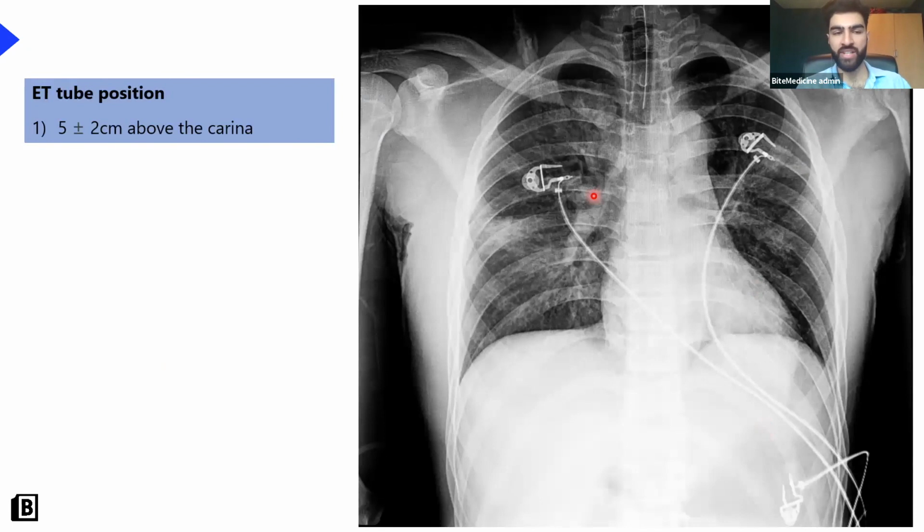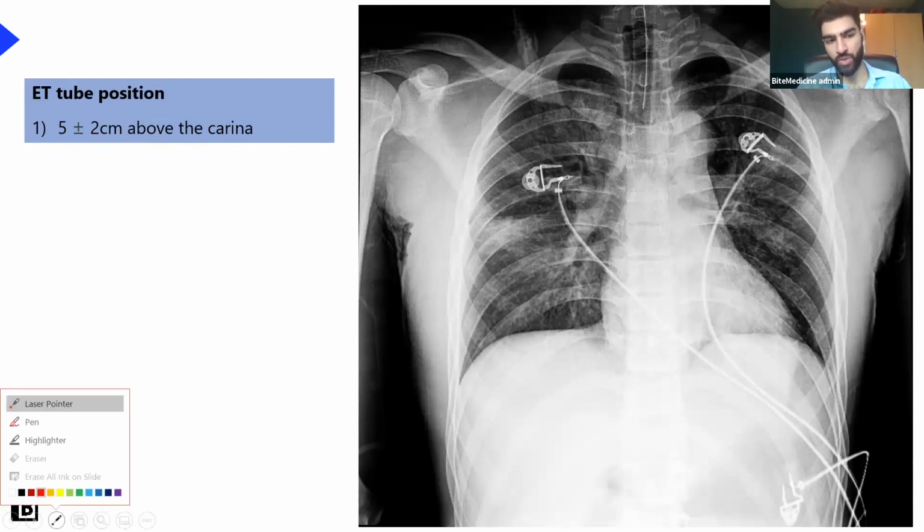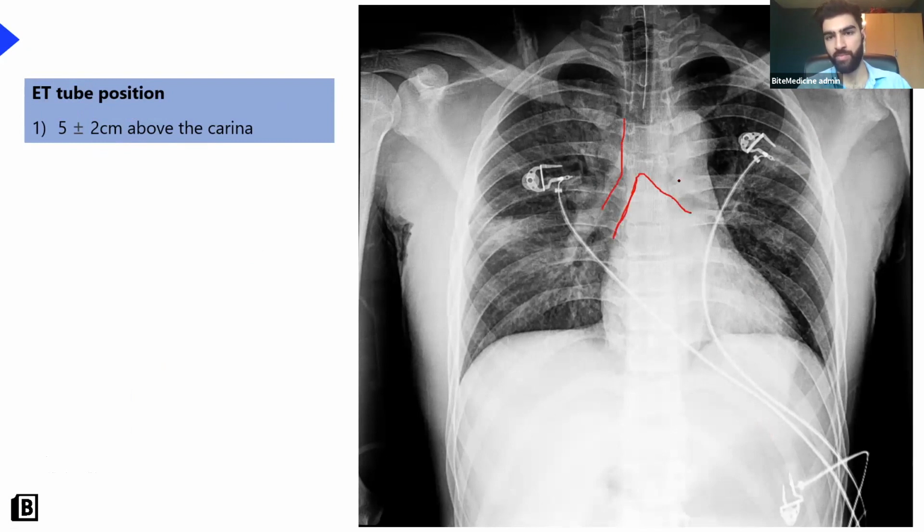Okay. Endotracheal tube, that's used to intubate and ventilate patients, and it should be 5 ± 2 centimeters above the carina. I got asked this sort of stuff in my finals exam, which is why I've made a point to teach it.